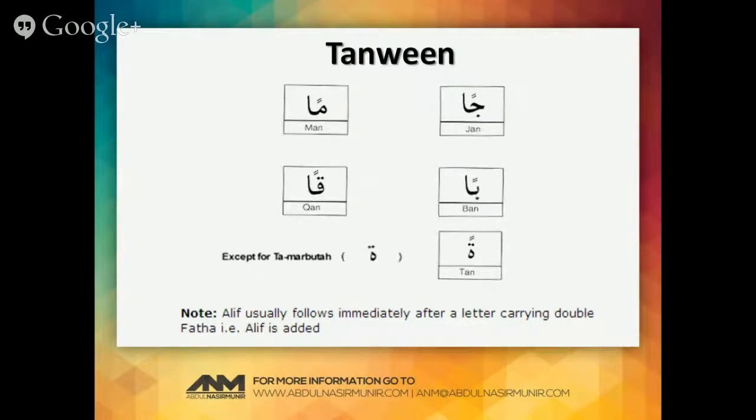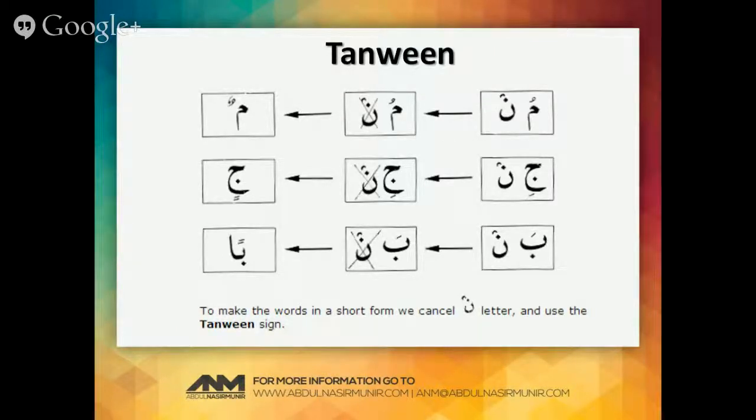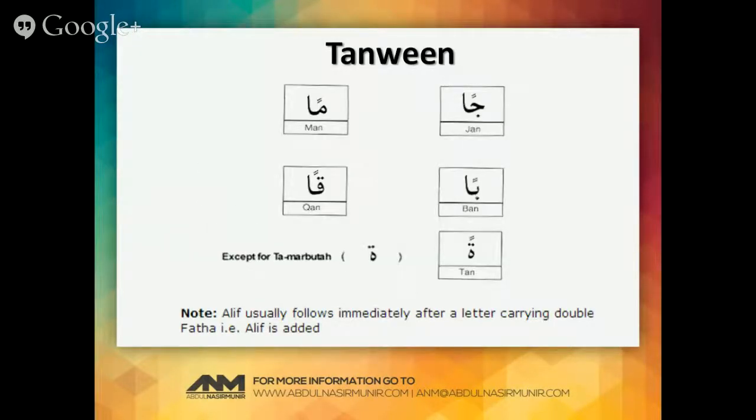As I mentioned, the alif is joined with only fathatain. I'll show you the slide again. You see meem with dhammatain and jim with kasratain have no alif afterwards, but only ba with fathatain has alif. So anytime you see a letter with fathatain, immediately after the letter it will have an alif, always, except in ta marbuta.